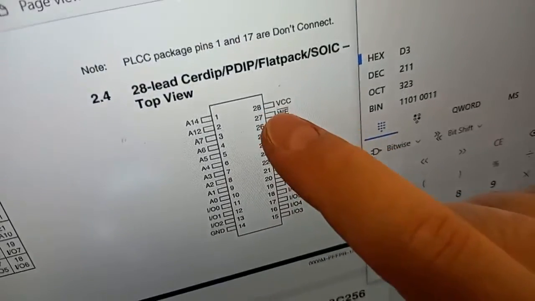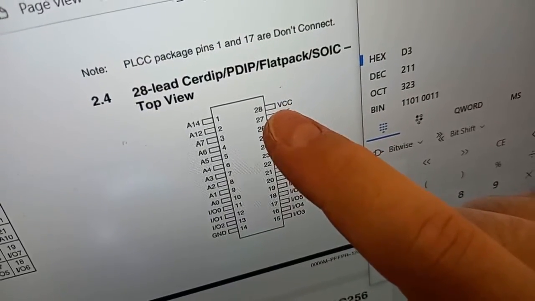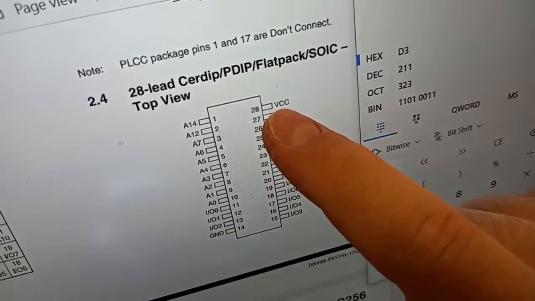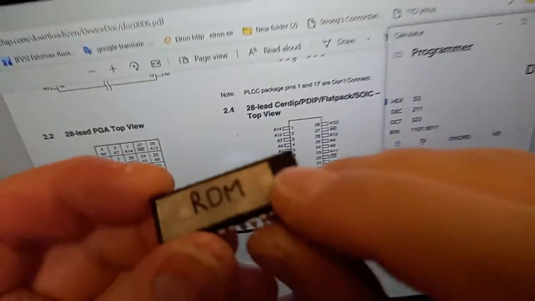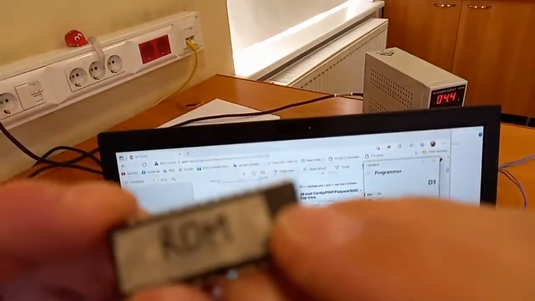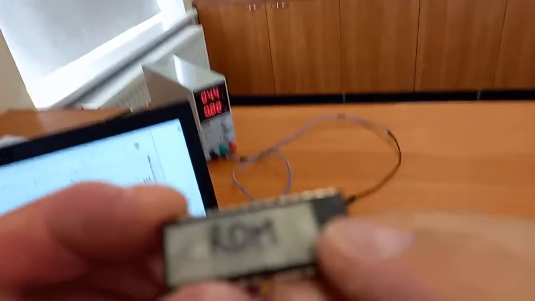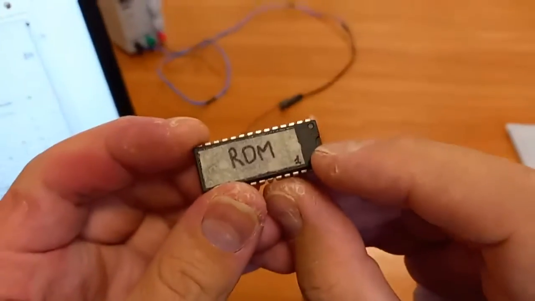So, and we have two more pins here. VCC, that's plus. We have 28 legs altogether, and we start counting from this ring over here.